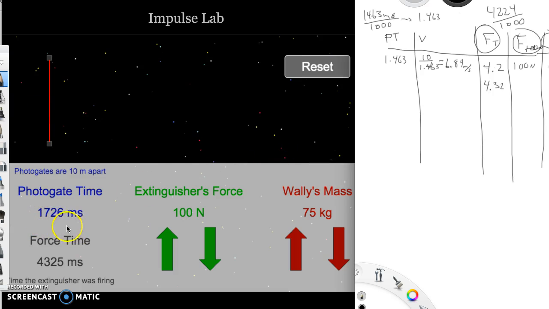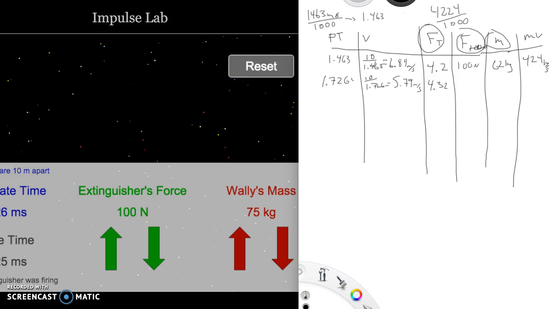I'm going to put a photogate time now of 1.726 seconds. Okay, I can divide 10 by 1.726 to get my velocity. Okay, I get 5.79 meters per second. Okay, I had a force of 100 newtons.